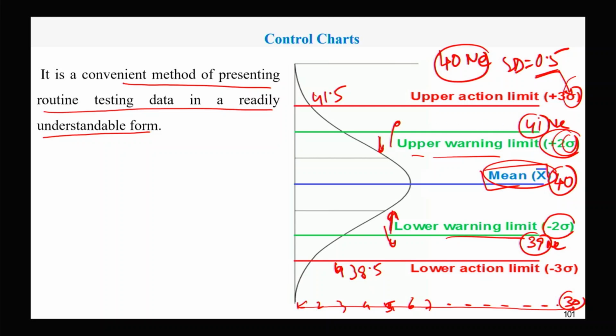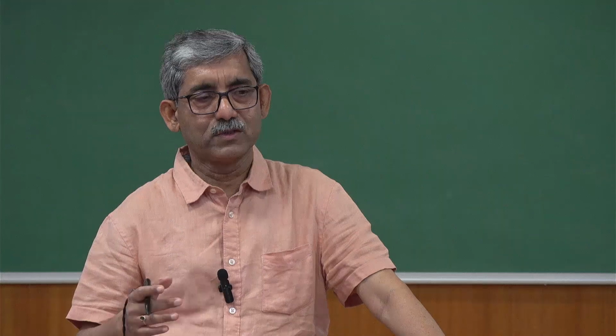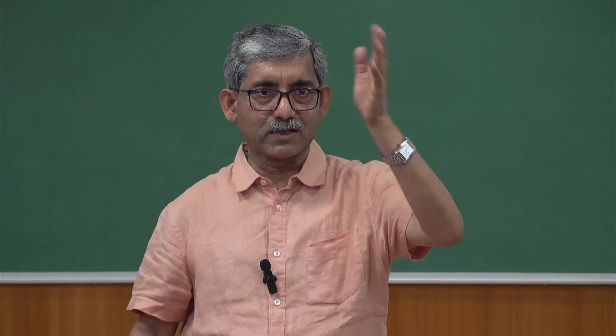If it is beyond 41 and less than 41.5, so ranging between 41 and 41.5, or on the coarser side, between 38.5 and 39, then we should give a warning to the department that one should take precaution, but without stopping the machine. Let the production go, but the warning should go that something wrong is happening.